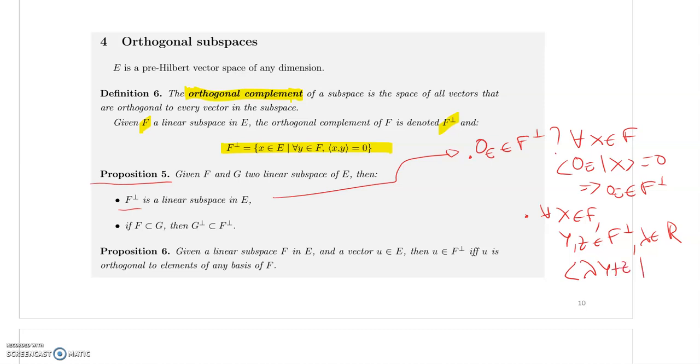What do we get if we take the scalar product of this linear combination with x in F? Using linearity, I get lambda times inner product of y and x, plus inner product of z and x.